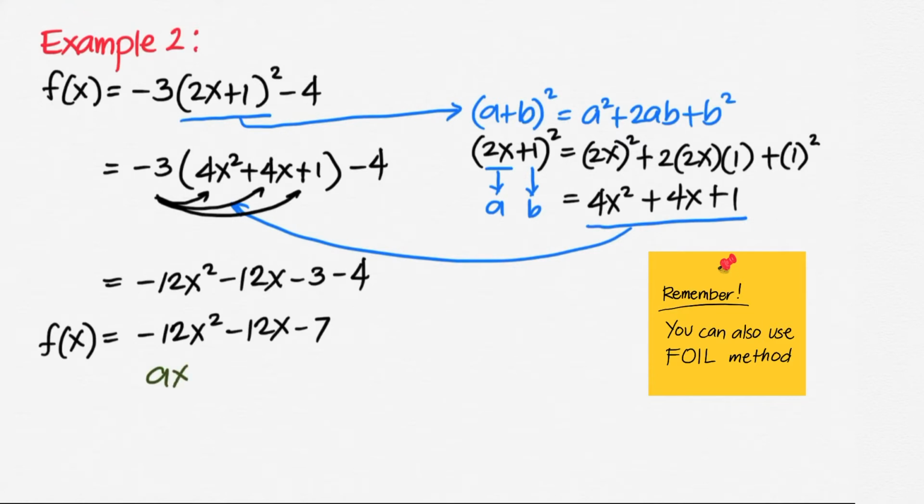So the standard form is ax squared plus bx plus c. So a is equal to negative 12. B is negative 12 as well. And then c is equal to negative 7. Let's have another example.